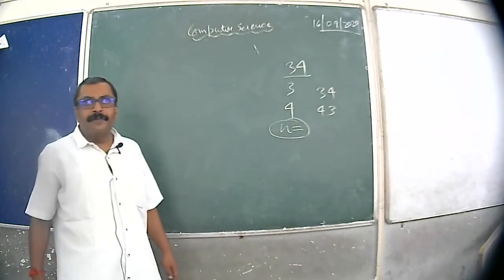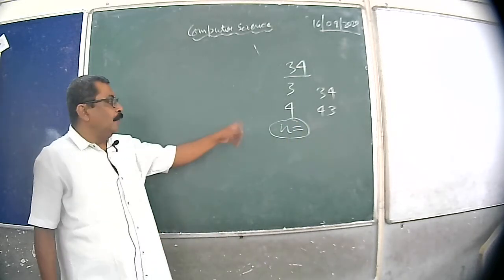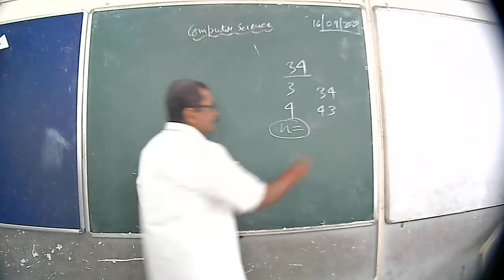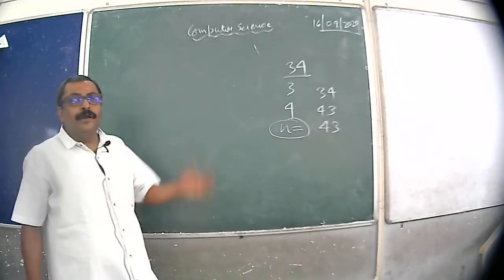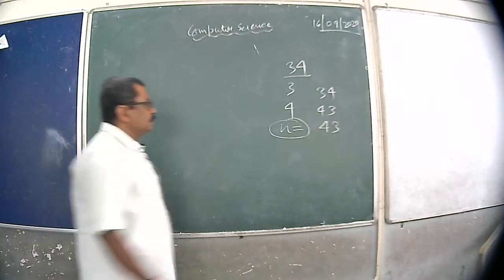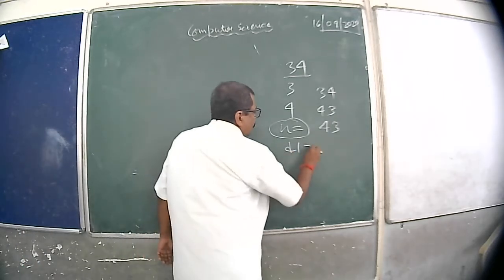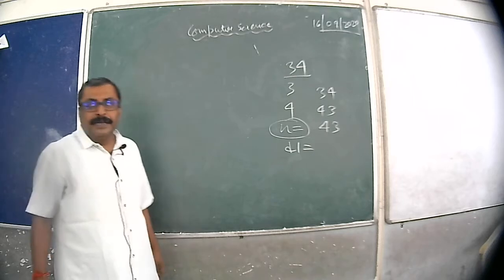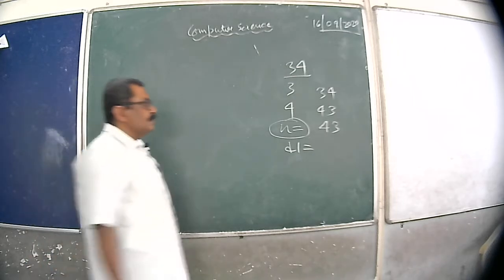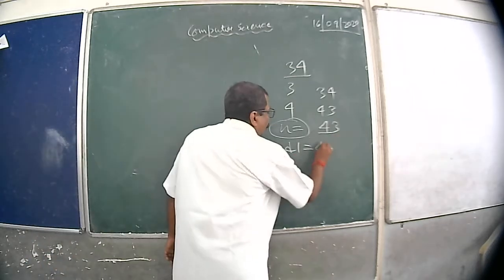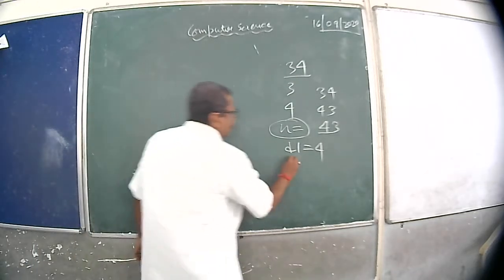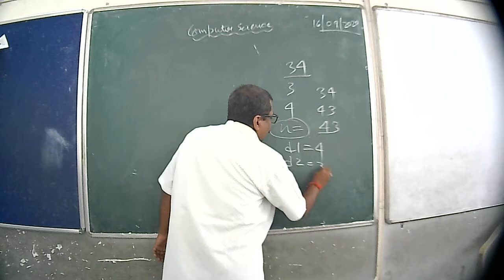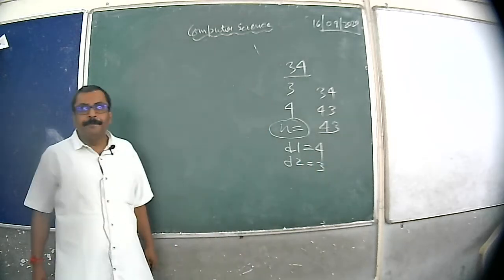A number is required, which can be anything, 43 for example. Then we have to extract digits: D1 for extraction is 4, and another extraction, D2, is equal to 3.